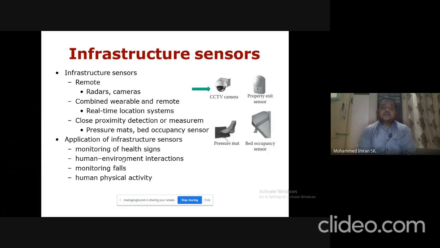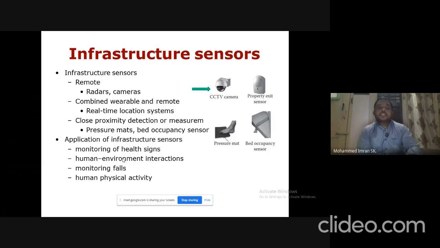These are remote sensors, combined wearable and remote, with close proximity detection or measurement. Remote ones include radars and cameras, CCTV cameras. Next, you can have a property exit sensor, bed occupancy sensor and pressure mat. Based upon this also we can monitor the situation of the patient. Next, combined wearable and remote: real-time location based upon GPS.